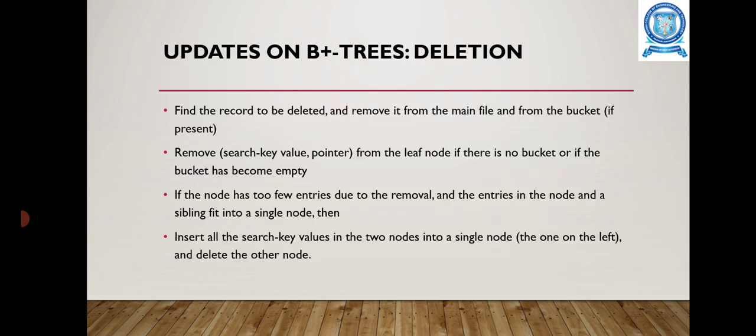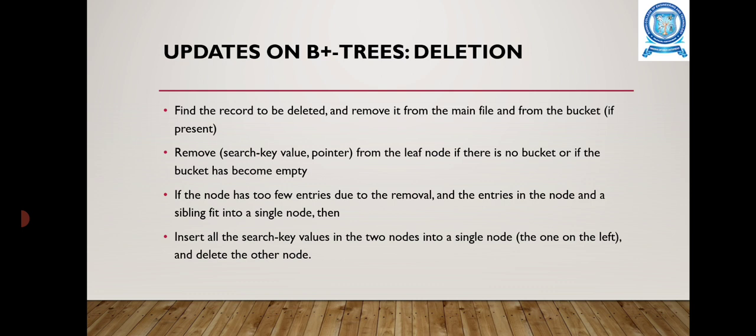Next, updates, that is, deletions on the B+ tree. Find the record to be deleted, and remove it from the main file and from the bucket. Remove the entry from the leaf node if there is no bucket or if the bucket has become empty.